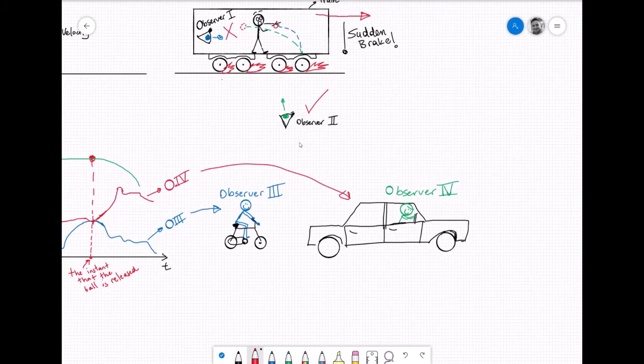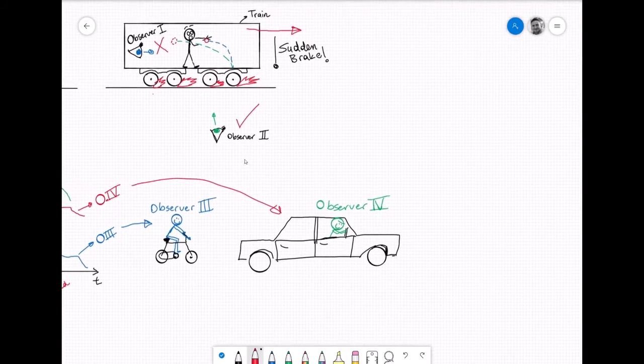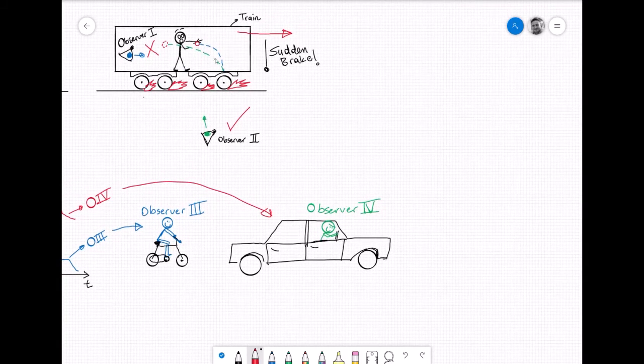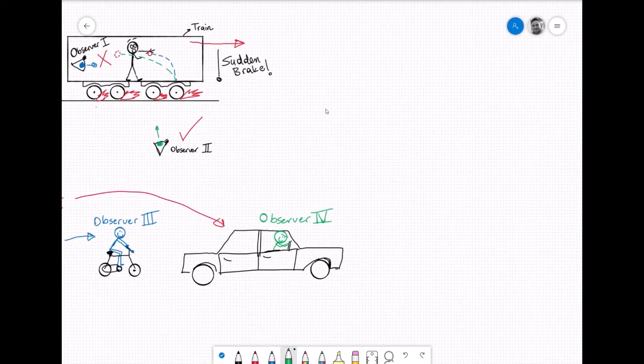So let's try to draw the trajectories seen by each observer. Of course, right now drawing the correct trajectories is impossible, but I'm just trying to make a point.